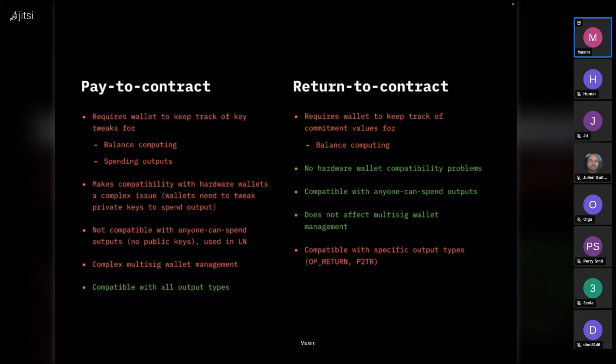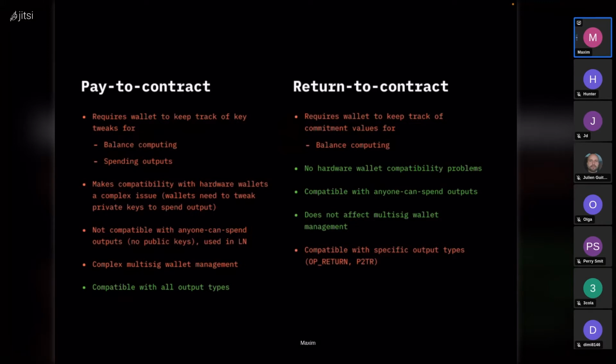This actually removes the problem of hardware wallet compatibility. Hardware wallets do not need to tweak public keys or private keys to spend the output. And it is very well compatible with anyone-can-spend outputs, because if you put OP_RETURN into Taproot, you still may have different script spending paths which do not contain public keys, but can be spendable with a hash preimage, for instance.